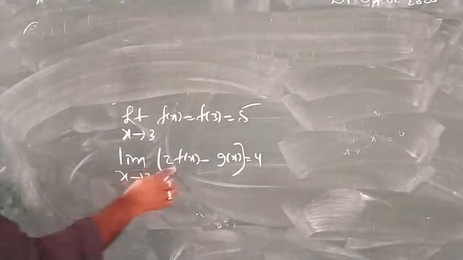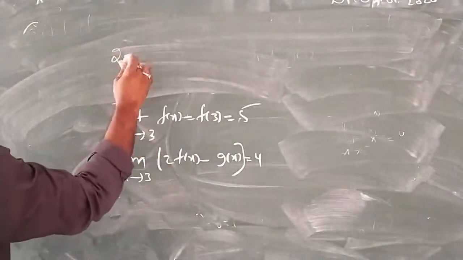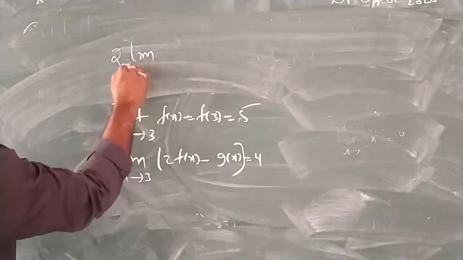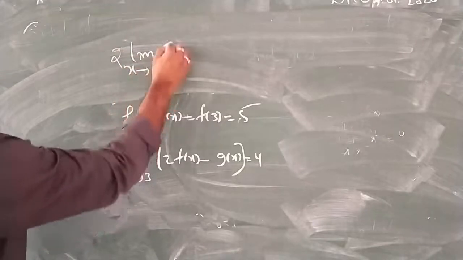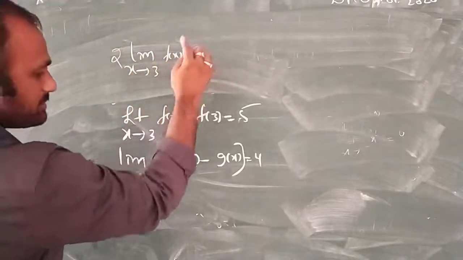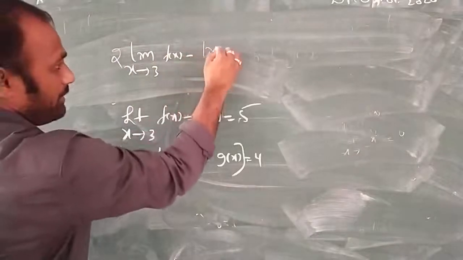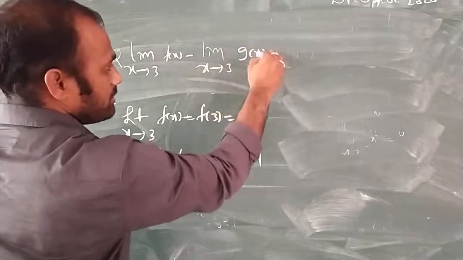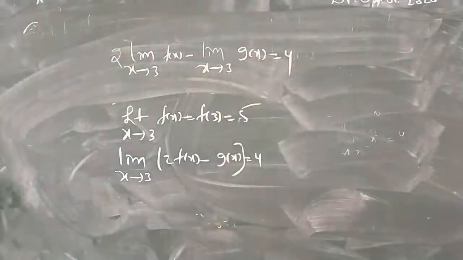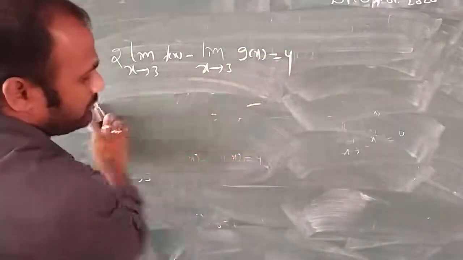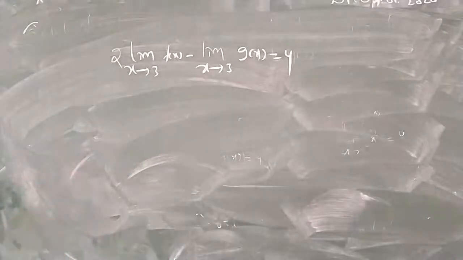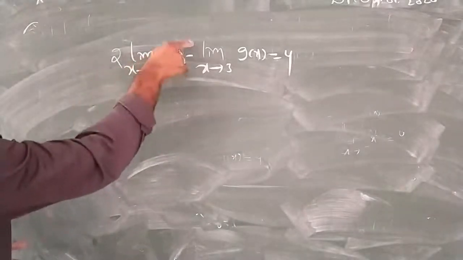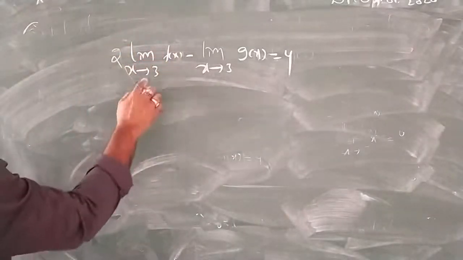So let us apply the limit, the constant will come out. So 2 into limit x tends to 3 f of x minus limit x tends to 3 g of x equals 4. Here 2 into limit f of x as x tends to 3 will be 5.